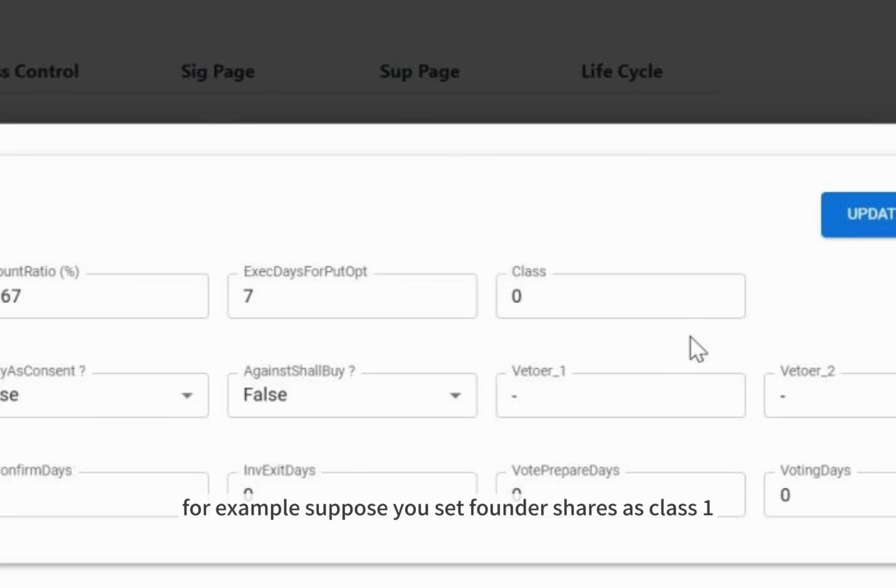For example, suppose you set founder shares as Class 1 and Series A investor shares as Class 2. If you enter 1 here, only shareholders holding Class 1 shares, the founders, can vote. If you enter 2, only Class 2 shareholders, the Series A investors, can vote, and so on. When counting votes, the system will calculate based only on the voting weight of the relevant share classes.